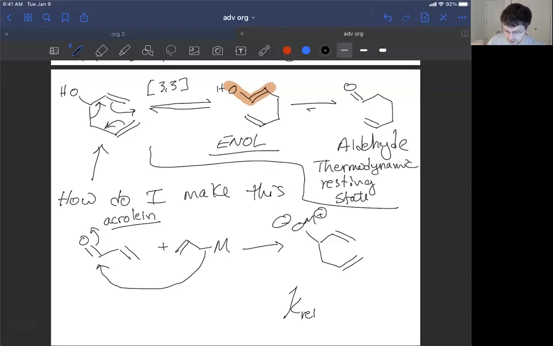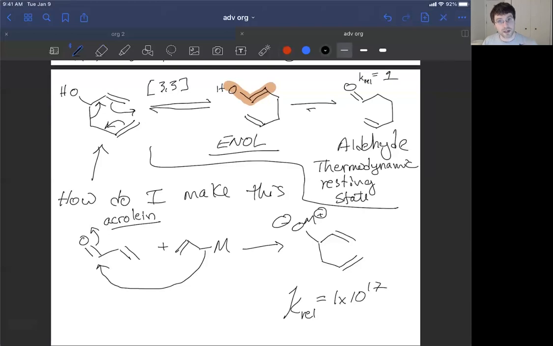I know it's drawn big. We're going to put a k-rel here equal to 1 times 10 to the 17th. Now, that's a really big number. What does that number mean? That means that if you compare this to the background parent reaction, it is 1 times 10 to the 17th faster. That is to say that the parent has a k-rel equal to 1.